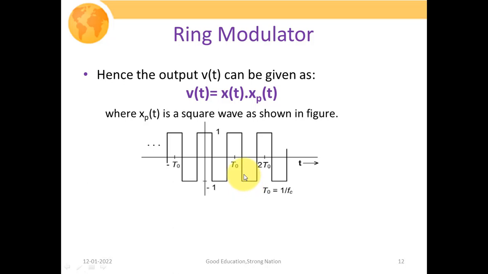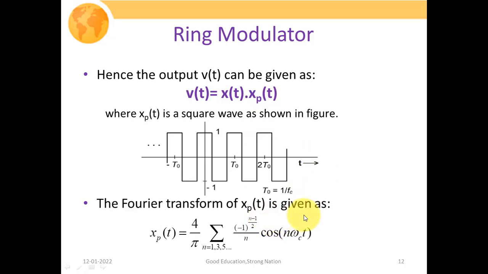So this is basically showing your switching state. Our Vt signal can easily be represented with the product of xpt with xt. That is, for the positive value of the pulse, we will have xt as Vt, and for the negative value of the pulse, we will have minus xt as Vt.